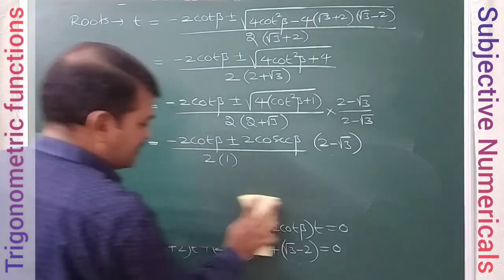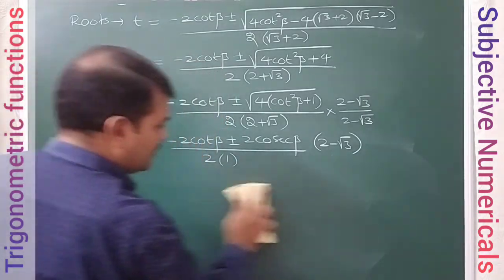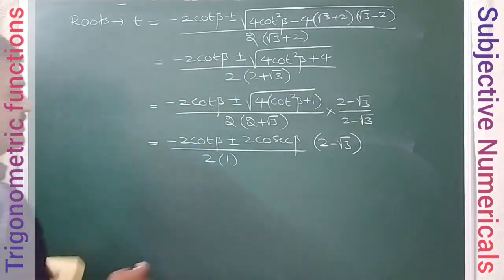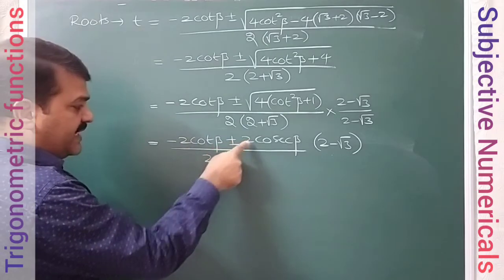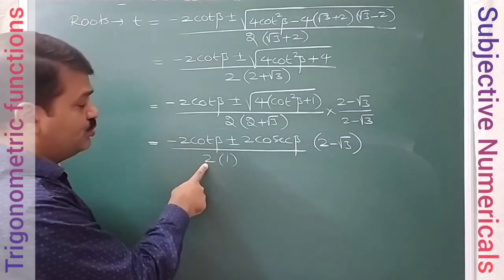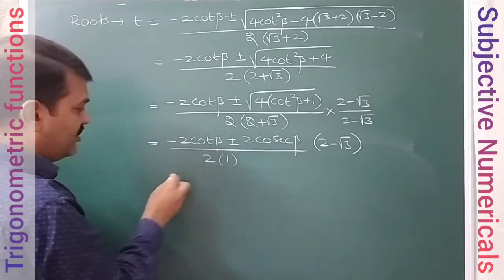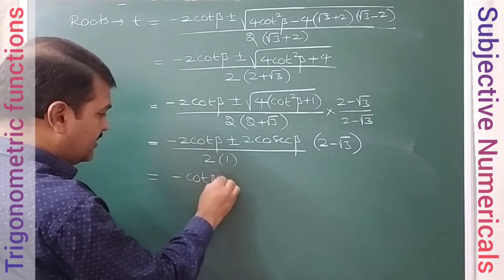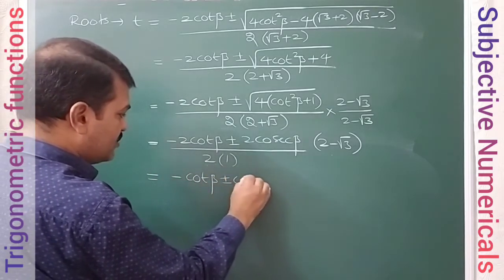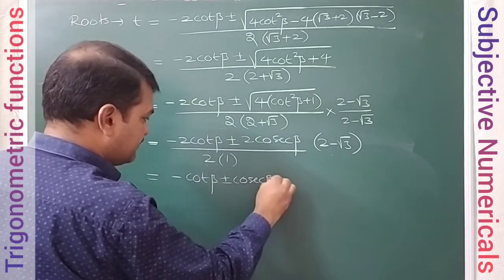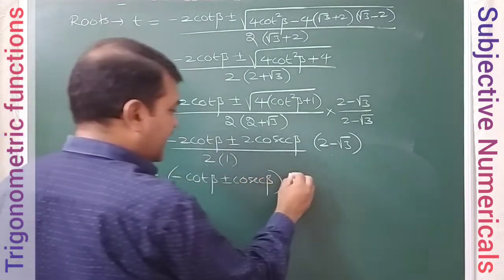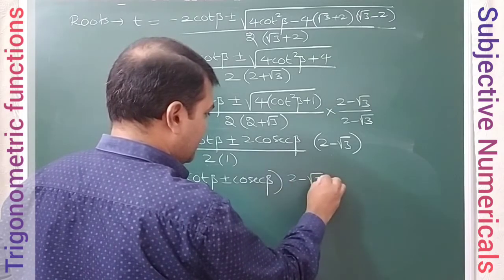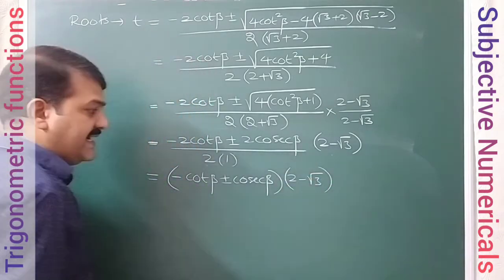Okay, so next now here you can take 2 common, cancel with the denominator 2. So minus cot beta plus or minus cosecant beta into 2 minus root 3.